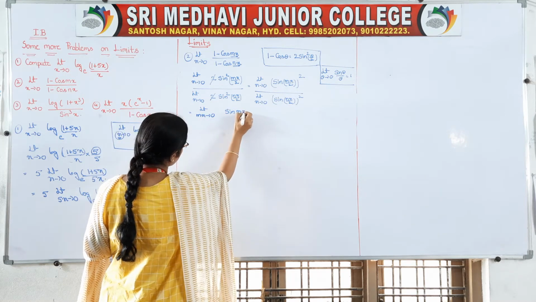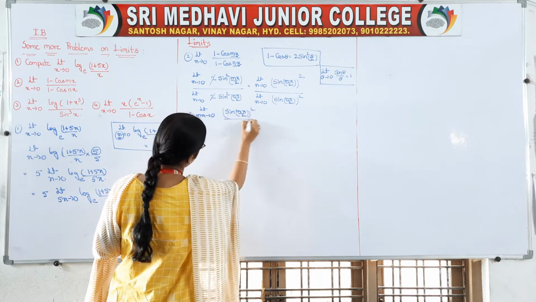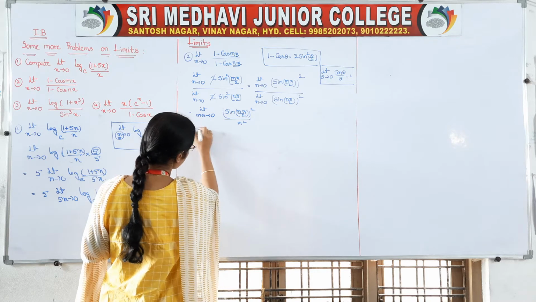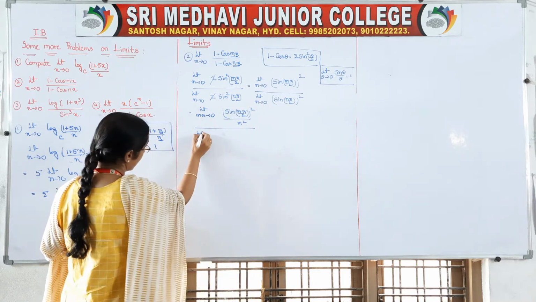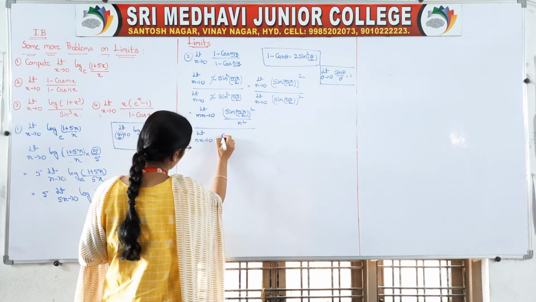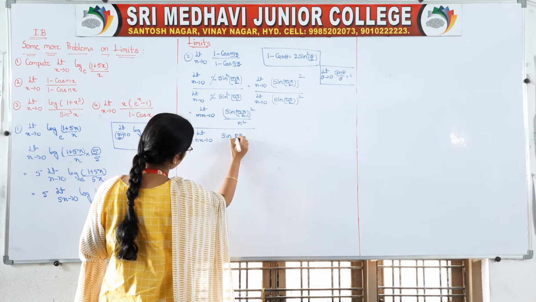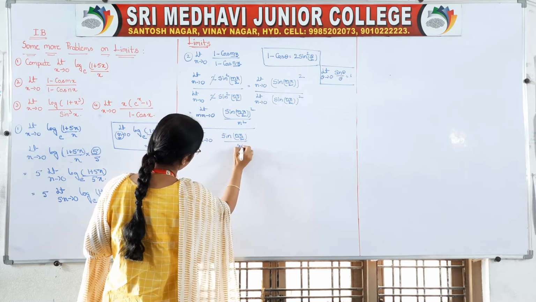Sin mx by 2 whole square by x square. Similarly, we can take limit nx tends to 0. We can write this as sin nx by 2 by x square.